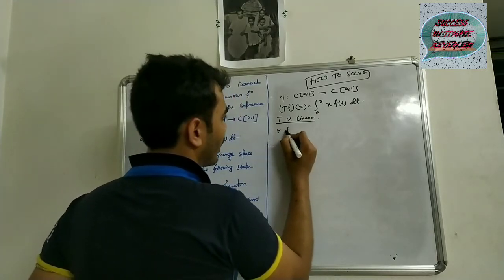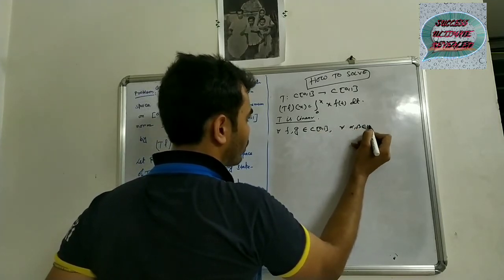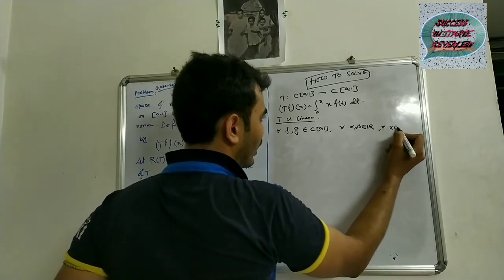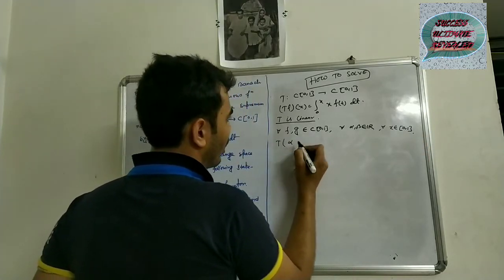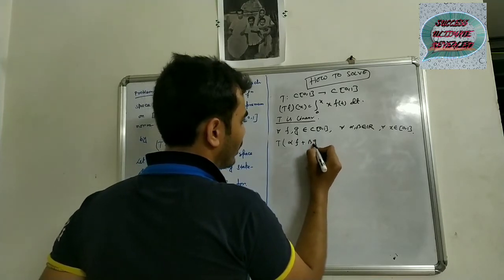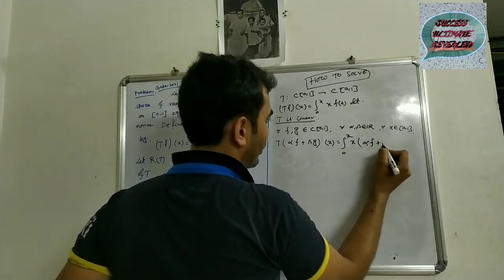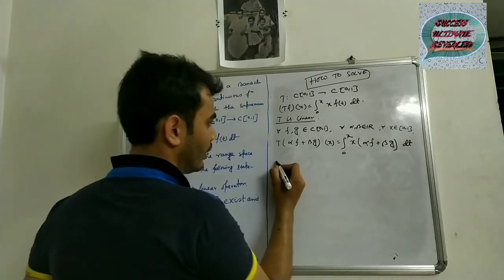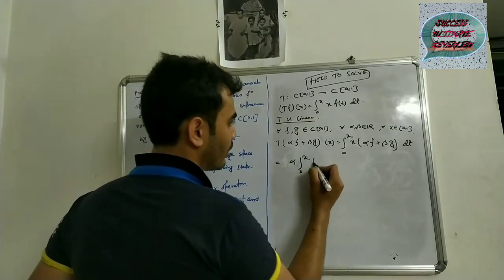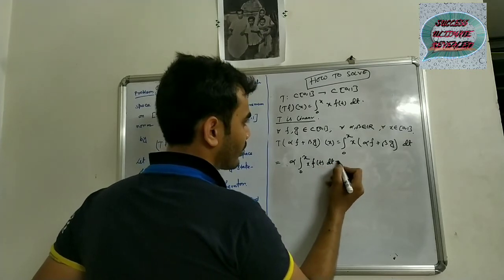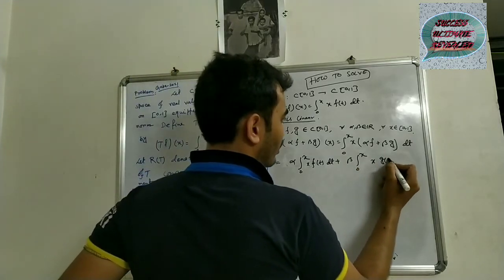So for all f and g belonging to C[0,1], for all alpha and beta belonging to R, and for all x belonging to [0,1], T(alpha f + beta g)(x) equals the integral from 0 to x of (alpha f + beta g) dt, and this is equal to alpha times the integral from 0 to x of f(t) dt plus beta times the integral from 0 to x of g(t) dt.